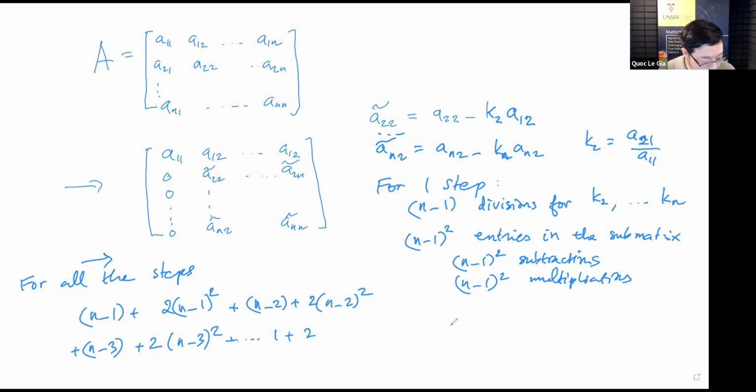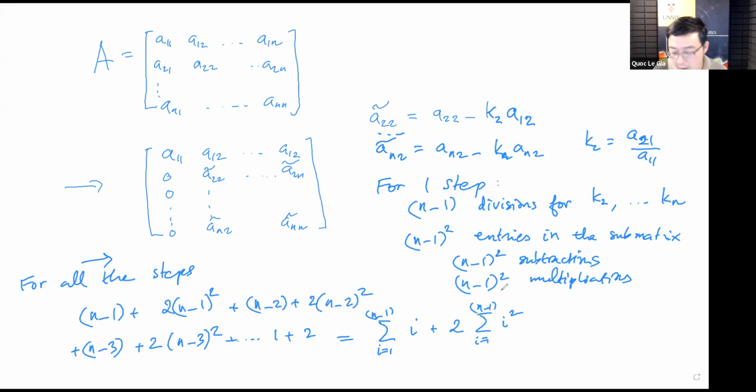So in the end, what you have is just the sum. So you have the sum of i, where i runs from 1 to n minus 1, plus 2 times the sum of i square, where i runs from 1 to n minus 1.